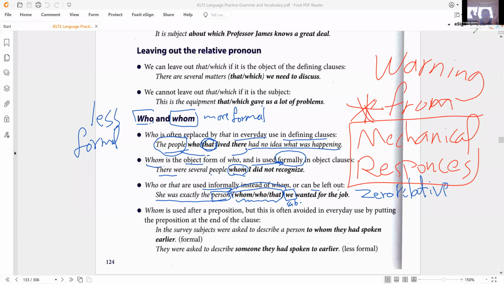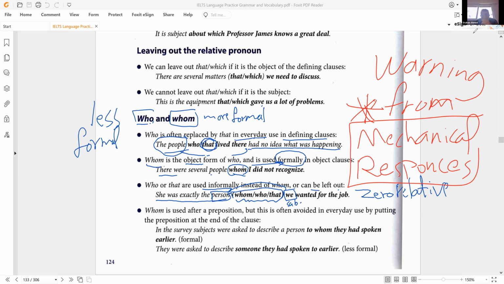Mechanical happens when you are talking or when you are writing, you use the same pattern, the same sentences, the same pattern of a sentence. You keep using the same pattern. This is called mechanical.